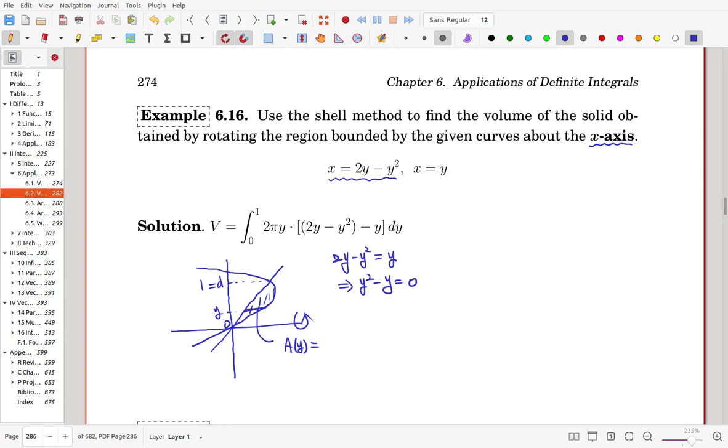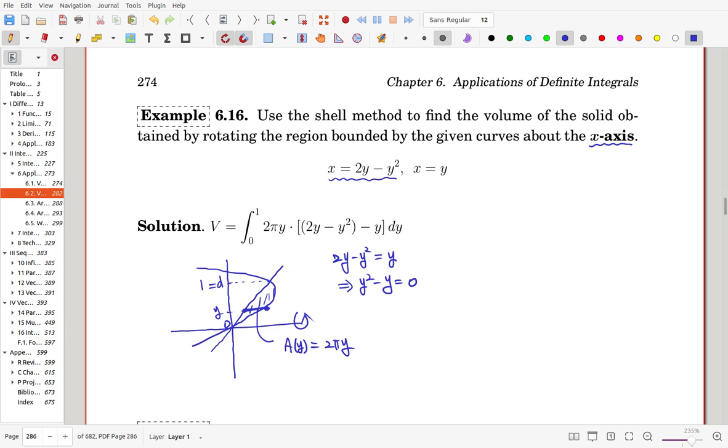Now, y is the r, so 2 pi y, and then the height is from here to there. That is this x, and that x must be subtracted.